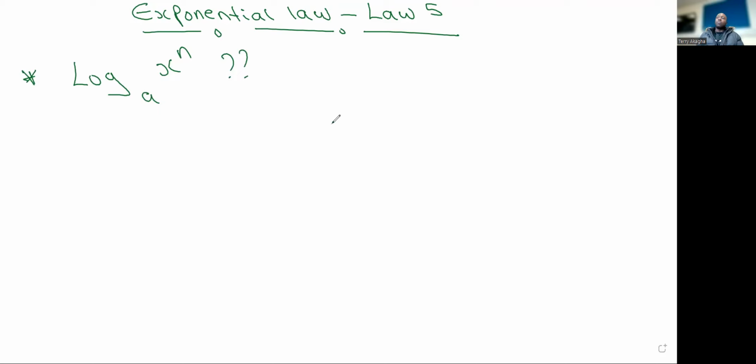Okay, so the key here to note is that in the exponential rule, the logarithm of x with a rational exponent is equal to this exponent multiplied by the logarithm. Okay, so I'm going to write it down.